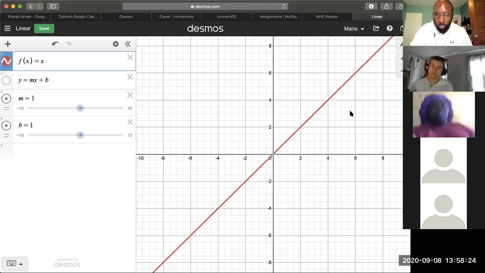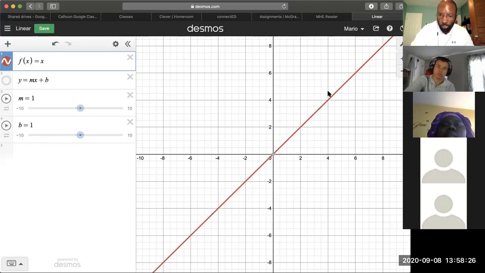It must go through the origin, and it has a slope of 1.